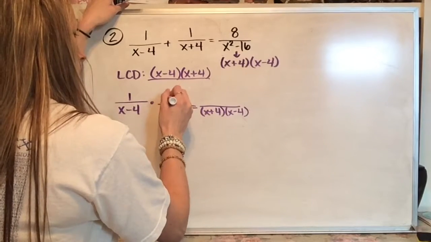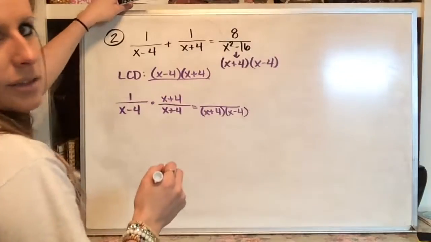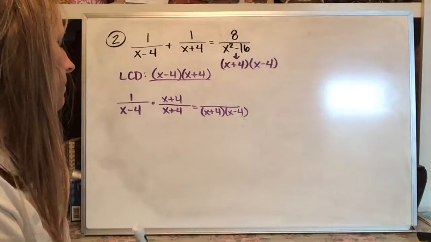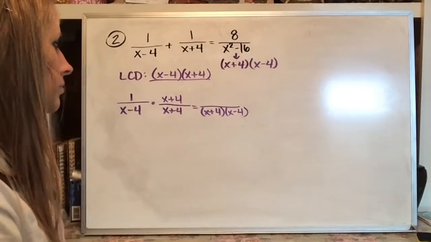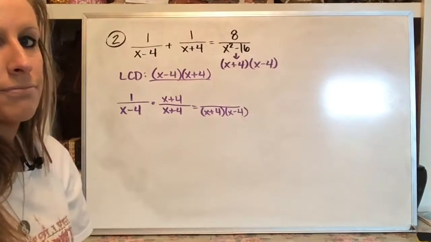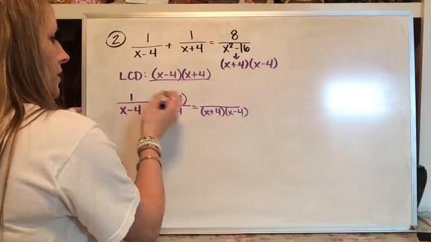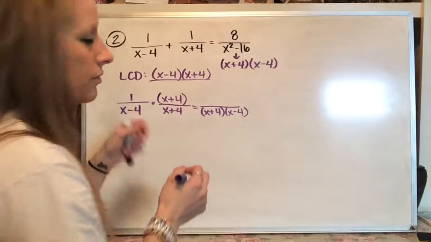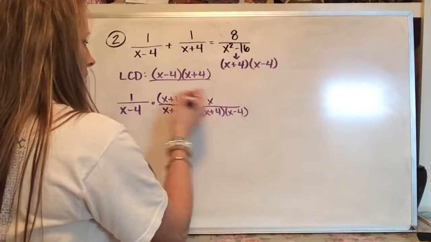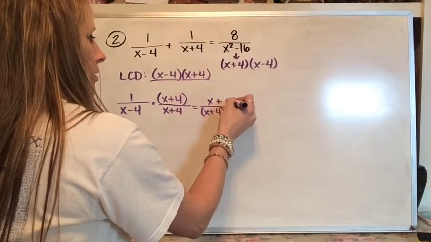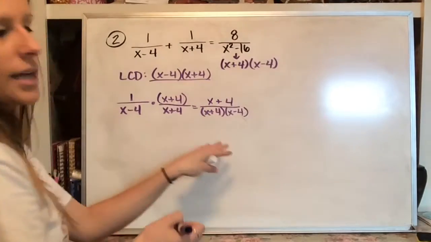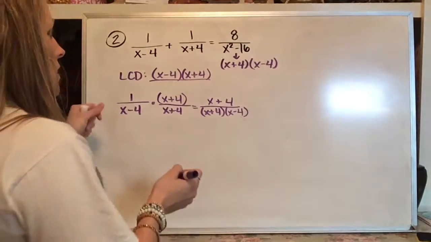So we're going to multiply top and bottom by x plus 4. If you distribute, 1 times anything is just itself. 1 times x is still x. 1 times 4 is still 4. So that's our first fraction.